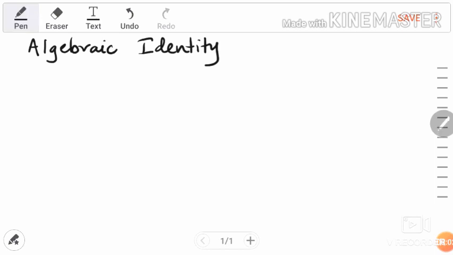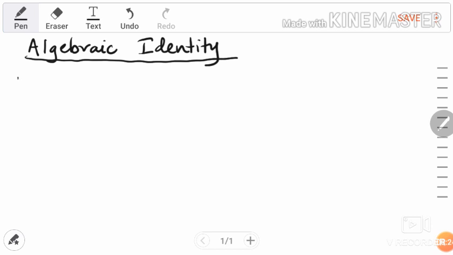You have been using algebraic identities in your lower class. So what is algebraic identity? It is an algebraic equation that is true for all values of the variables involved in it.